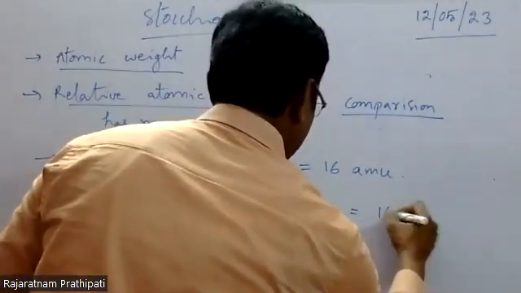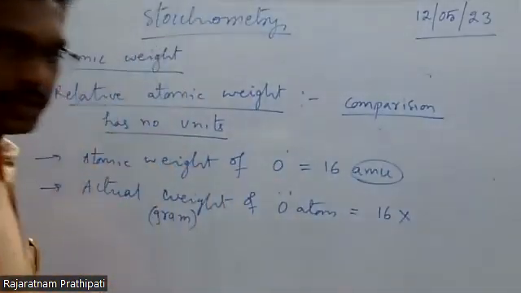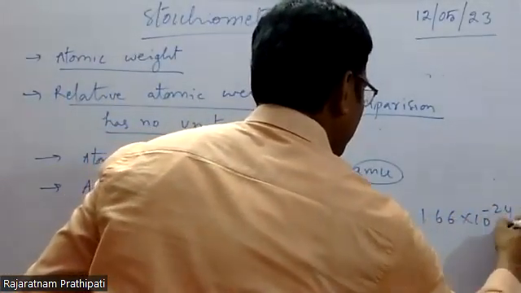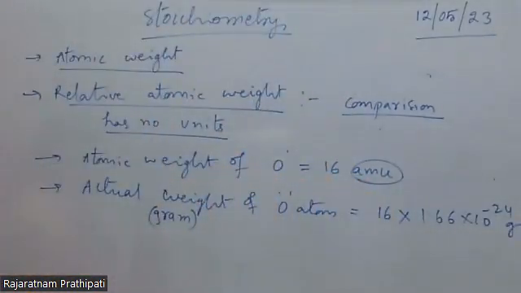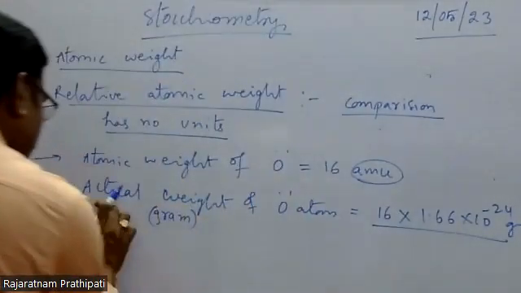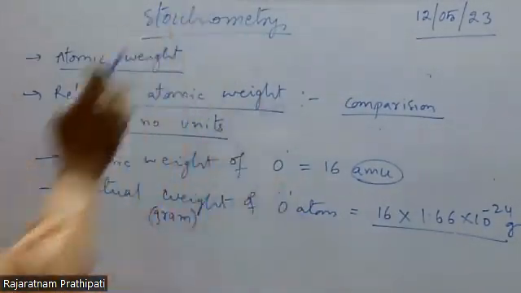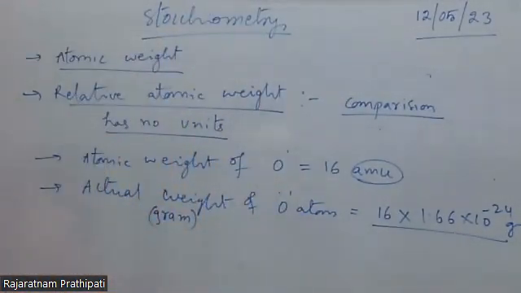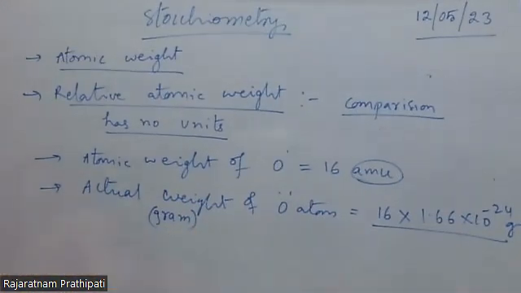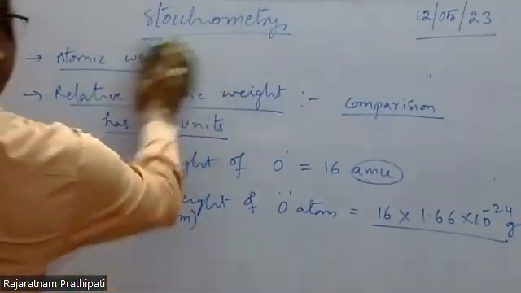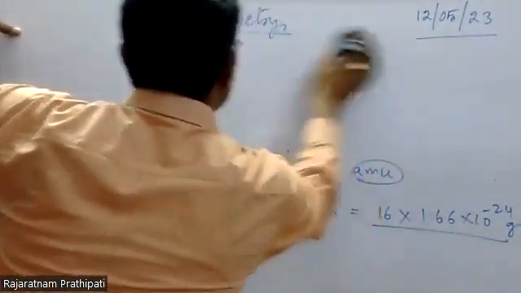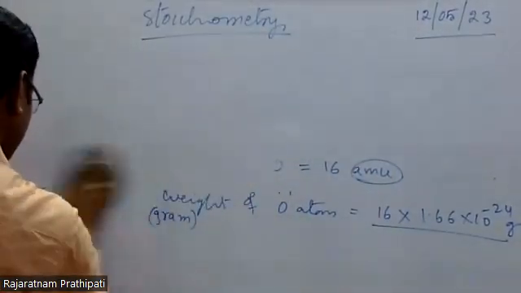Actual atomic mass is equal to 16 into the AMU value we already discussed, that is 1.66 into 10 to the power minus 24 grams. This is called the actual weight of the oxygen atom. Is it clear? Okay, that is atomic weight and relative atomic weight.